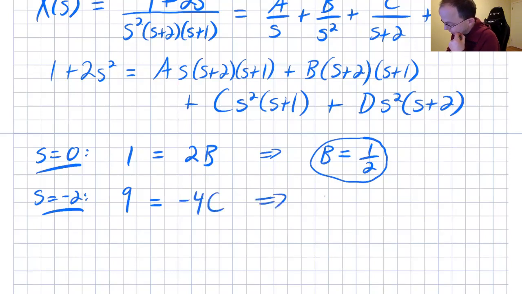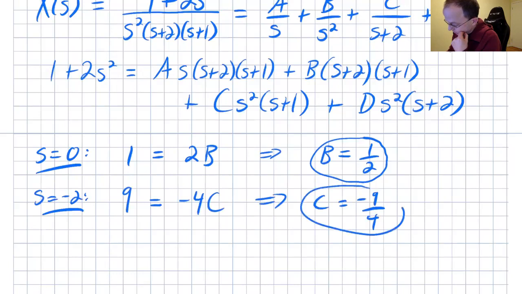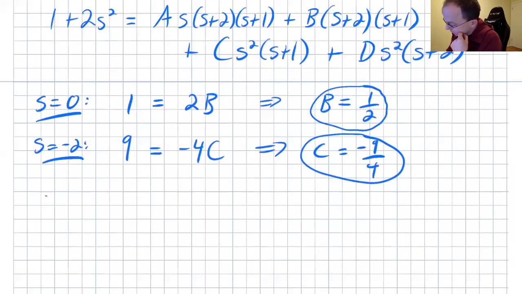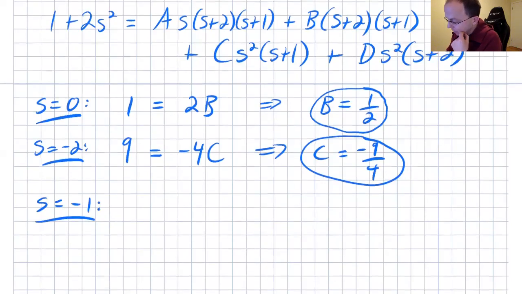So c is equal to negative 9 over 4. And then s equals minus 1. We get 1 plus 2 is 3. And let's see.